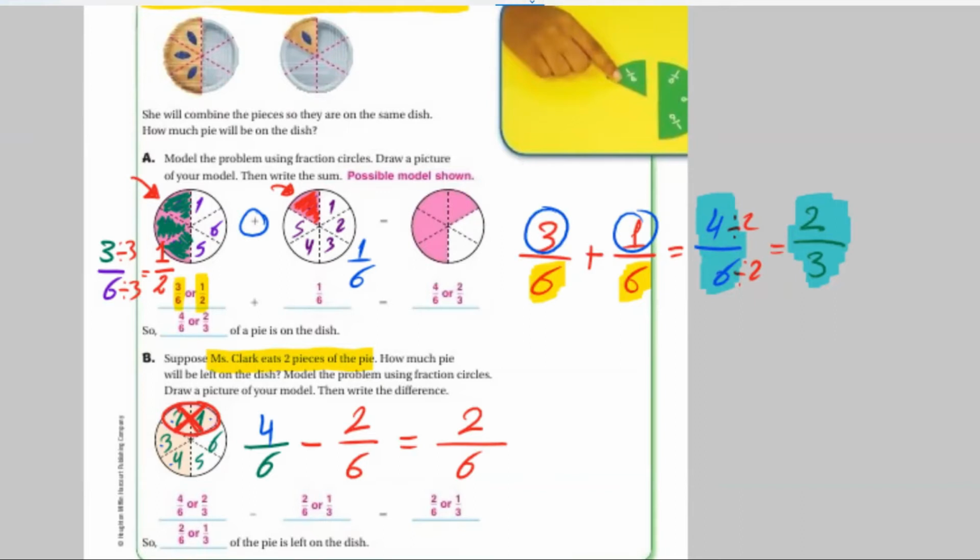Yes. So in this case, we're going to divide by 2. So the answer will be 2 divided by 2 equals 1 and 6 divided by 2 equals 3. So the answer will be 1 over 3, not 2 over 6. Okay, write this. Hurry up.